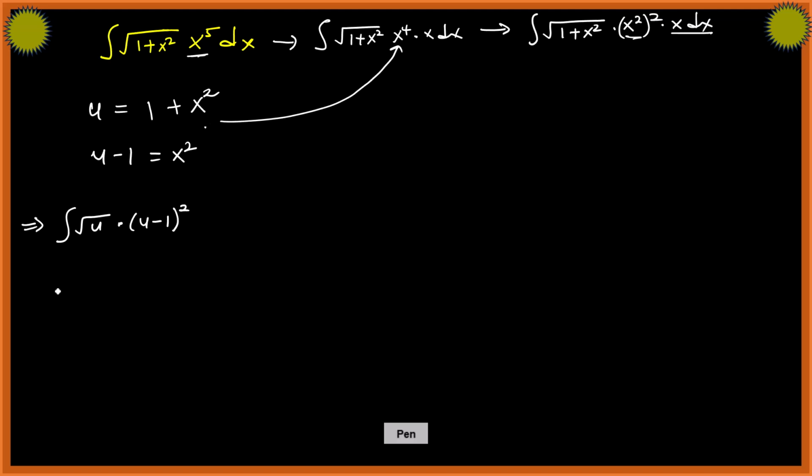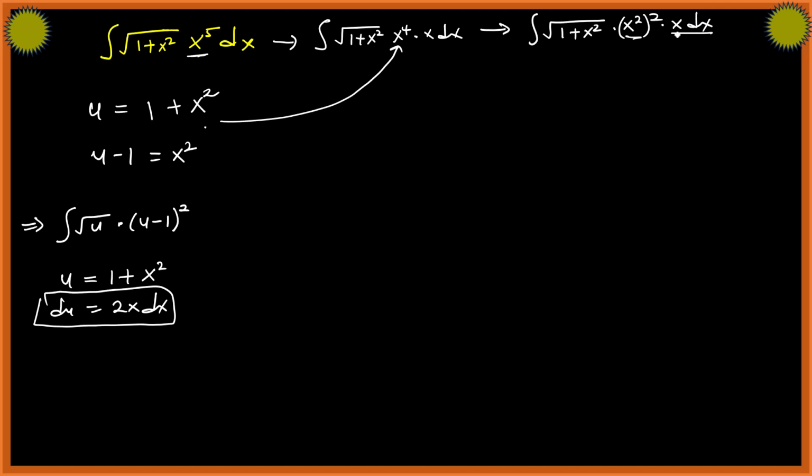Here we have u as 1 plus x squared, so my du will be 2x dx. So let's observe this one well.